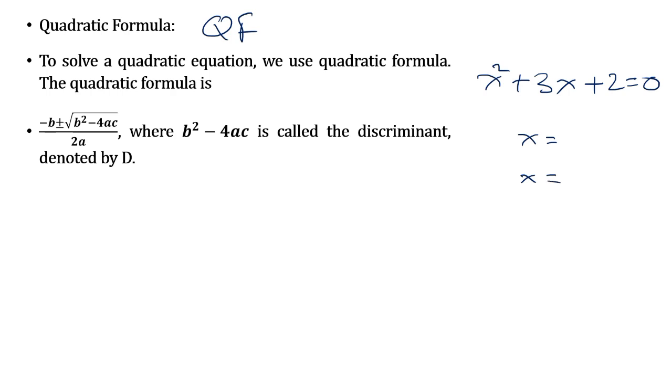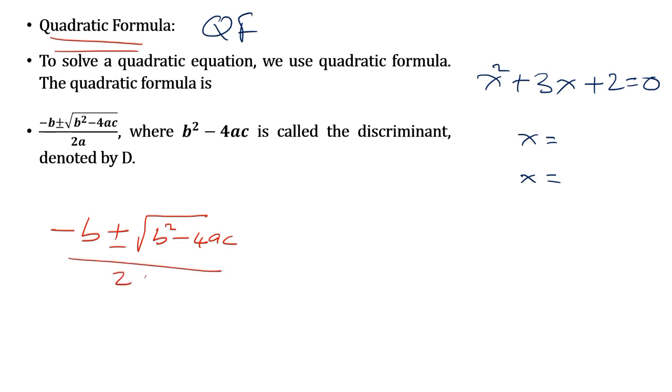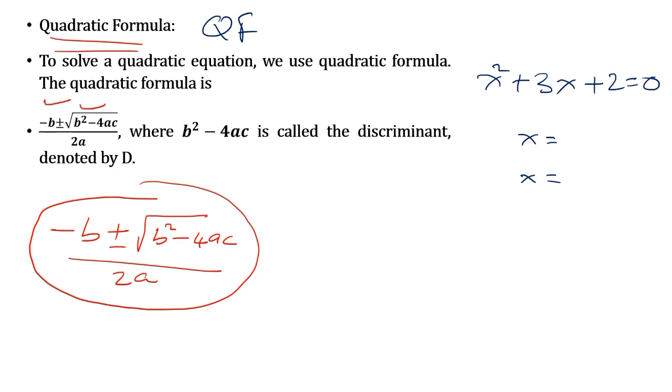So how to find that? To find that, we have a formula which is called the quadratic formula. The quadratic formula is minus b plus minus root b square minus 4ac divided by 2a.